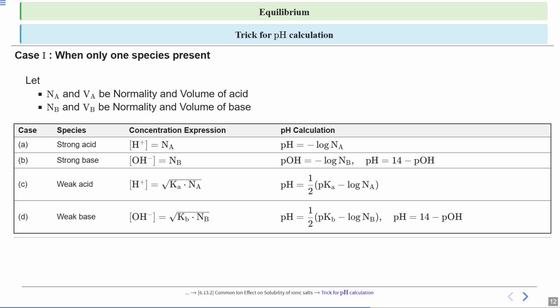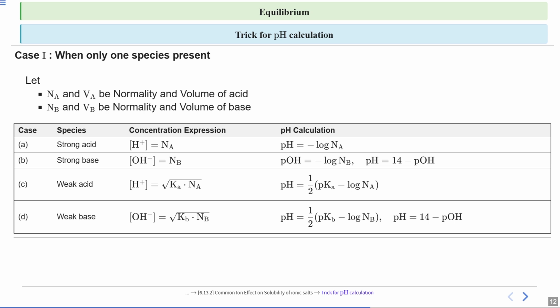In the strong acid case, we will use the normality. Why? See students, normality is what? It is the contribution. Now, an acid can contribute in which way? Simply you can say it can contribute by donating H plus ion. So in a way, the normality is nothing but the H plus concentration, right?